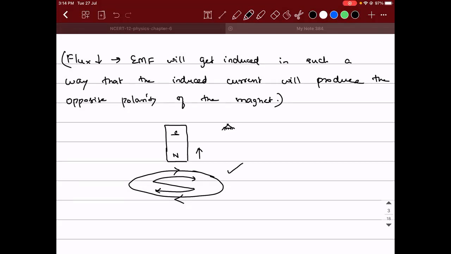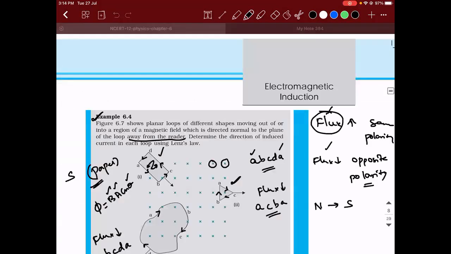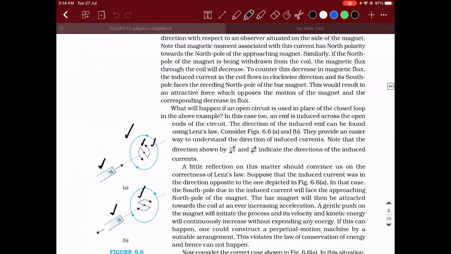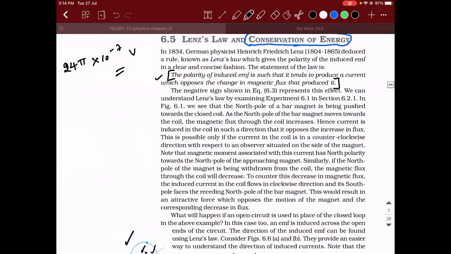Right. And this is because of the law called Lenz law. Let's see the statement for it. Please make a note of it, write it down.